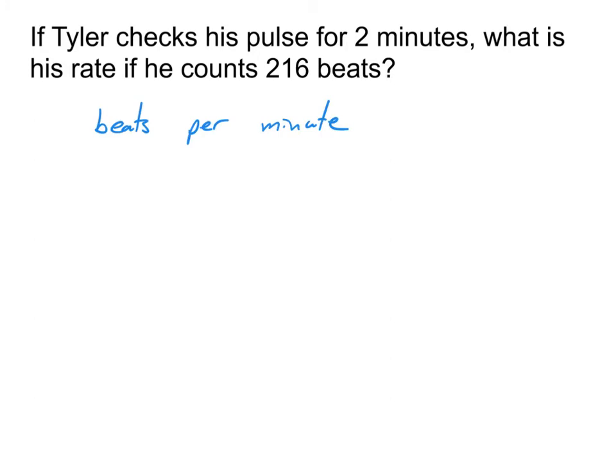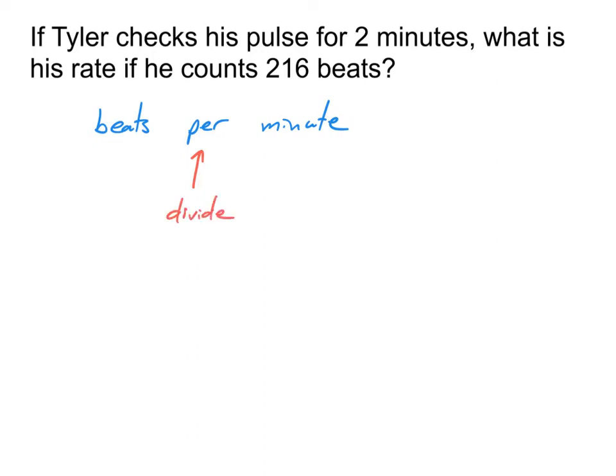The cool thing is that when we start by saying this is what we're going for, beats per minute, this actually gives us a way to figure out how to do it. Because when you see that word per, you can even use that word in your head as you read it, per means that you're going to be dividing.